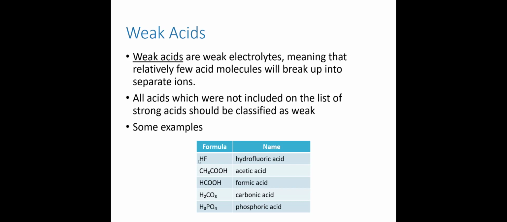It can cause extremely deep burns and then can have other effects within the blood because calcium and fluoride ion bind so strongly together. And exposure to this can easily be fatal. So it's something that we don't want to mess around with.